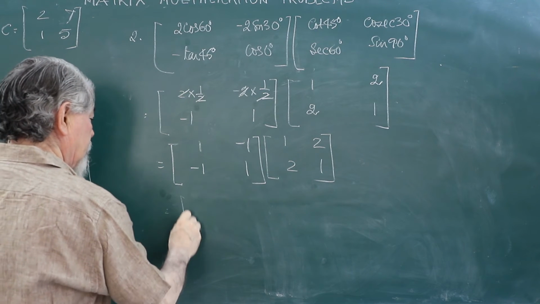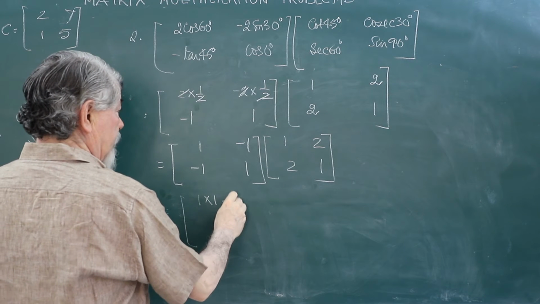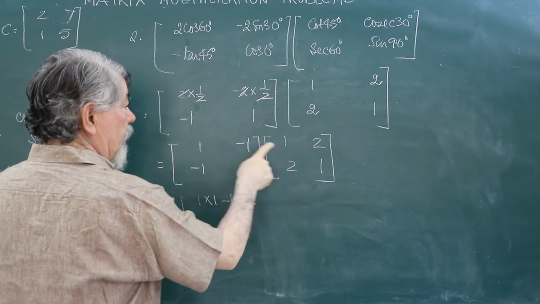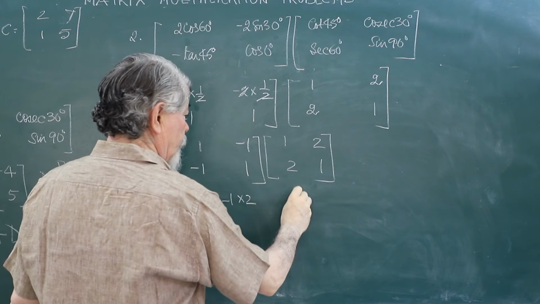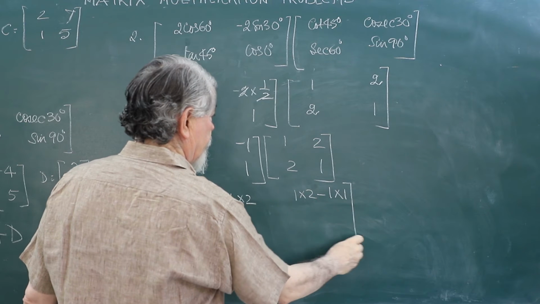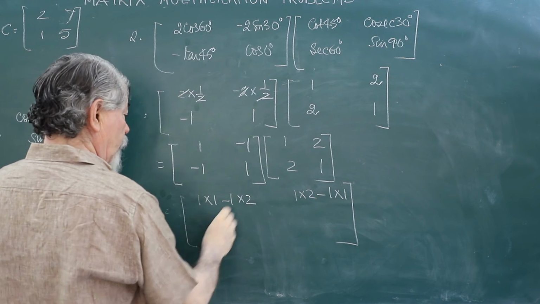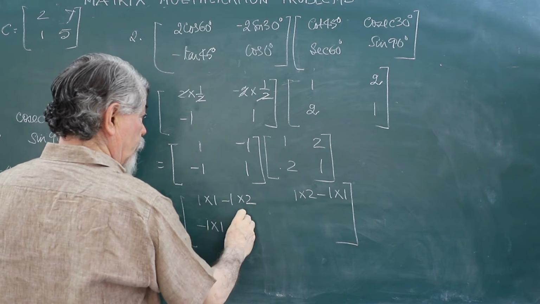Let us see here. 1 into 1 minus 1 into 2. 1 into 2 minus 1 into 1. Minus 1 into 1 plus 1 into 2.